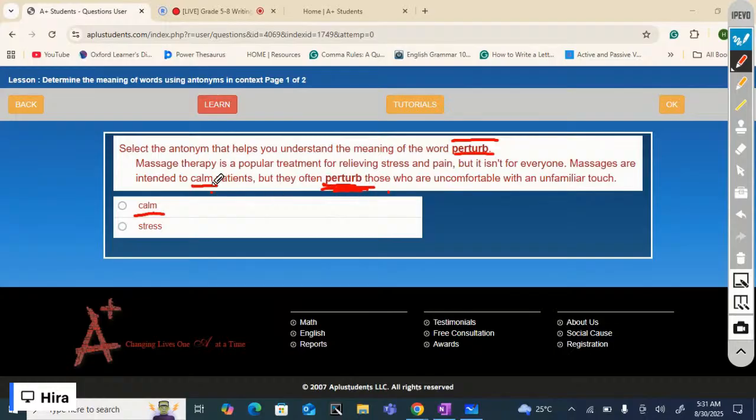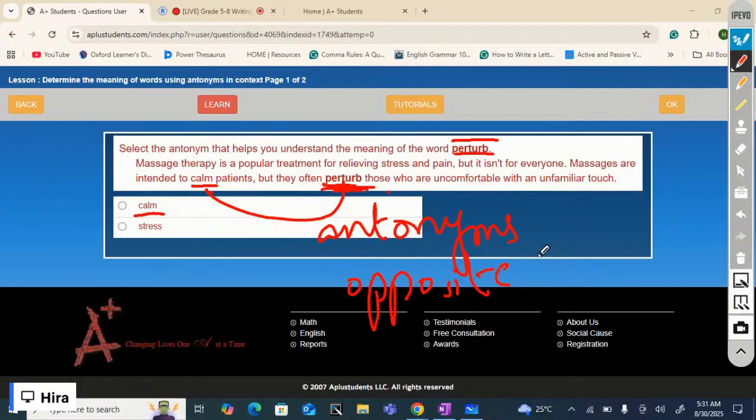So, they seem antonyms. These words are antonyms because they have different meanings, opposite or almost opposite meanings. So, calm is a context clue.